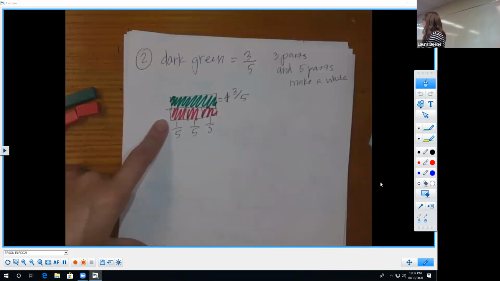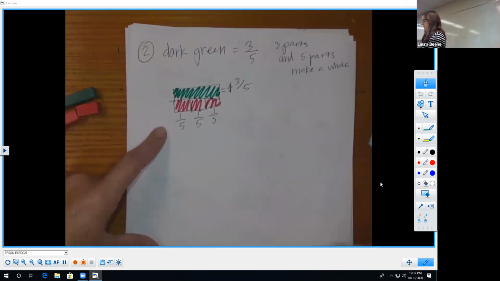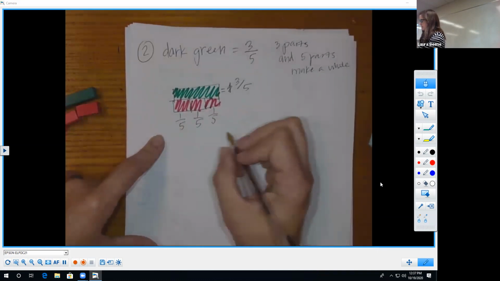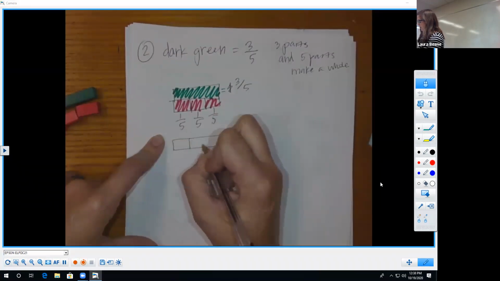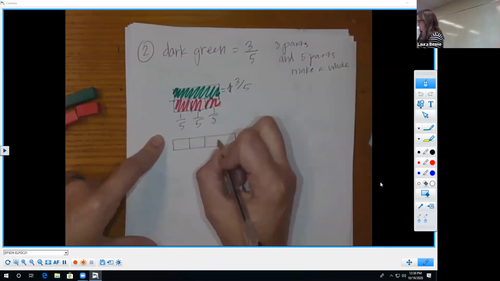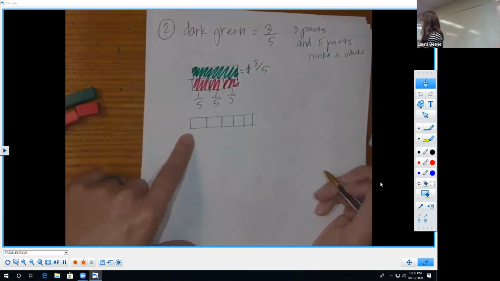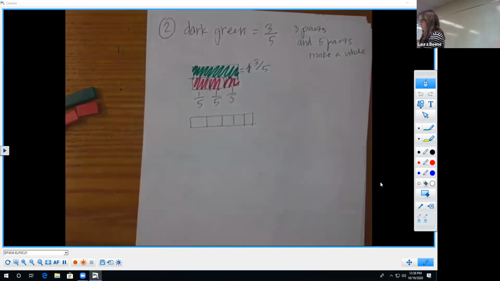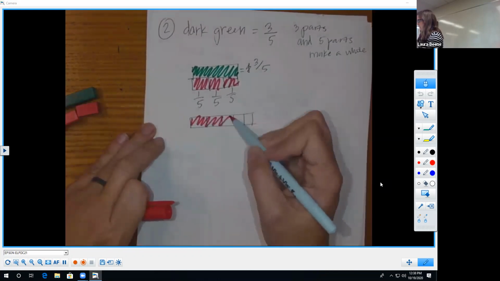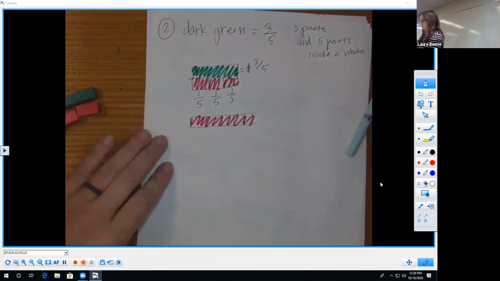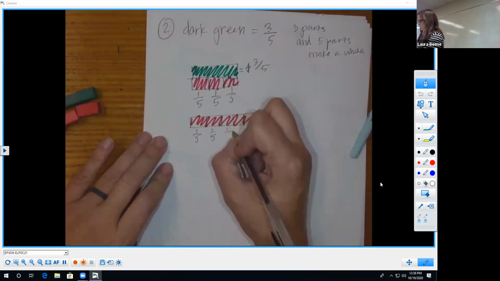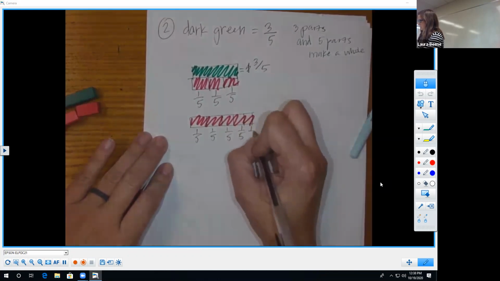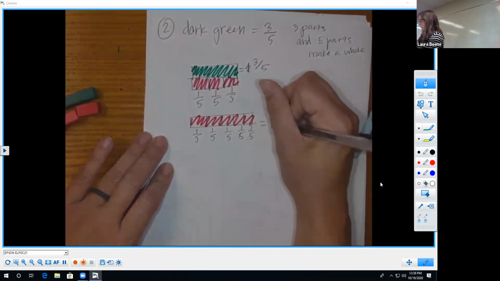So we need to get to the whole so that we can find a half. So what I need to do is to find the whole. 5 reds. 1, 2, 3, that's not a very good picture, but you get the idea, right? So 5 reds is what's going to make my whole. So 1/5 plus 1/5 plus 1/5 plus 1/5 plus 1/5 equals 1 whole.